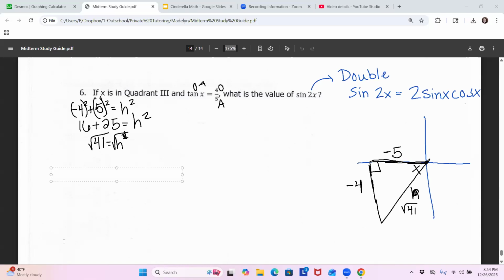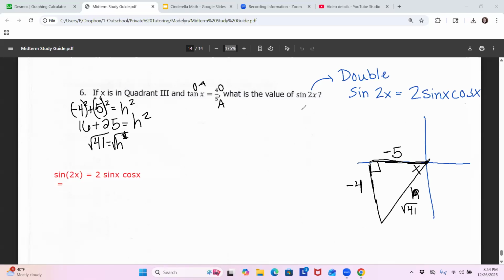Okay, so we want to find sine of 2x, so double angle, which is 2 sine x cos x. So look at your triangle. Sorry, I'm going to sneeze. Sorry, did not hit you soon enough. Apologies. Look at your triangle.